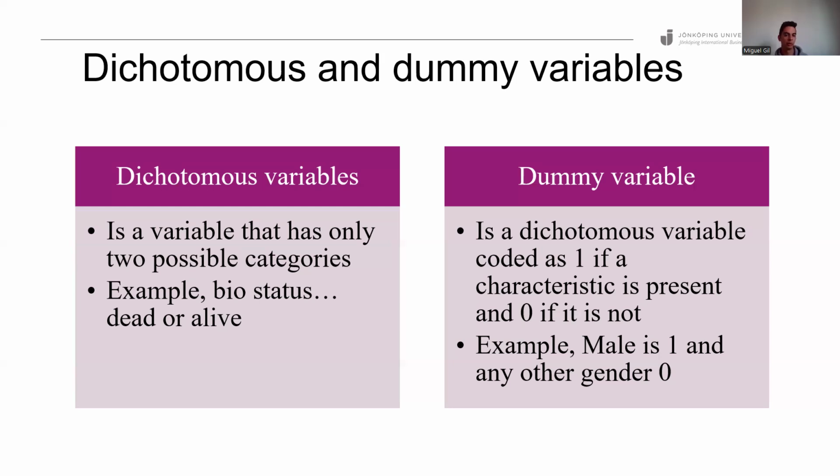That's why it's called dichotomous, because there are only two options. We also have dummies, which are dichotomous variables that we code with one and zero. One possibility is gender. Historically, we have had male one, female zero, but what we are doing now is maybe to say female one, anything else zero. We will learn this in the analysis, but it's important that you understand how variables behave and what types of variables exist.